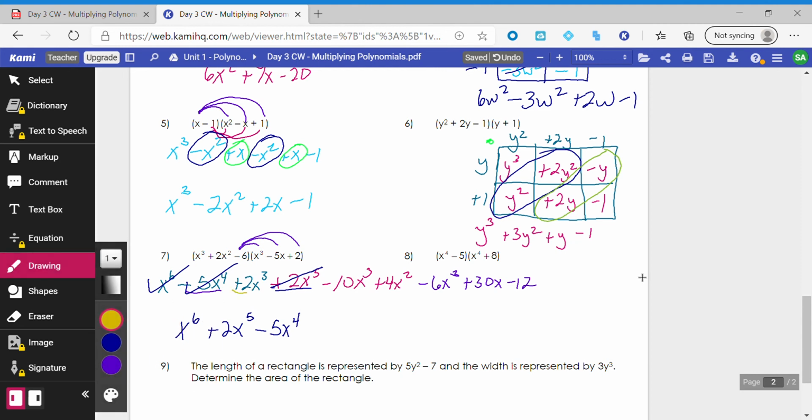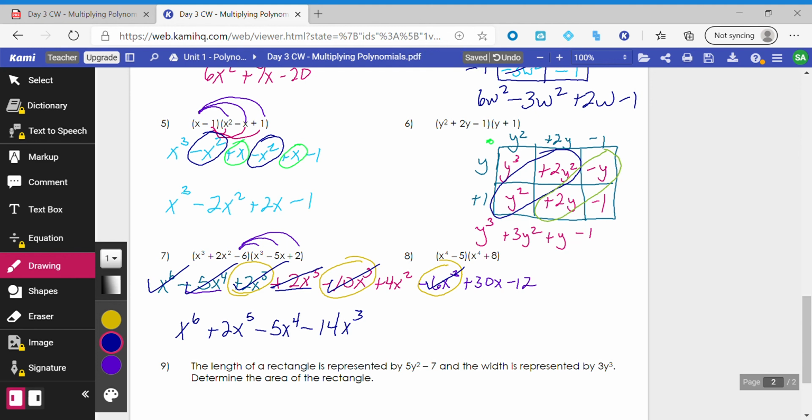We got 2x cubed minus 10x cubed minus 6x cubed. So we actually have 3 that we can combine here. So when I do the addition here, because they're all the same base, I just add our numbers together. So 2 minus 10 minus 6, I'm going to get negative 14x cubed. So I took care of my x cubes.